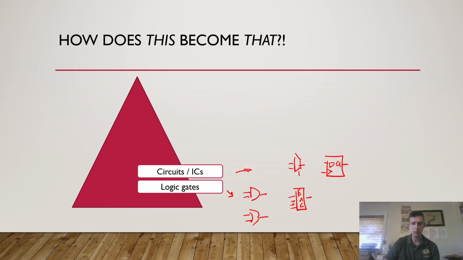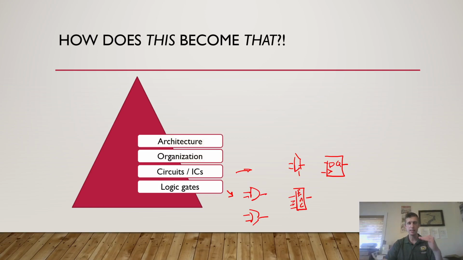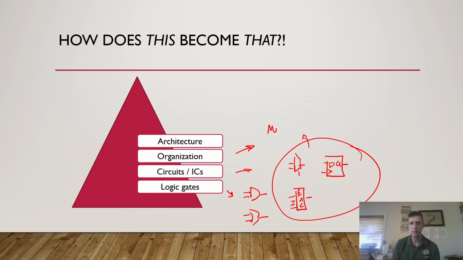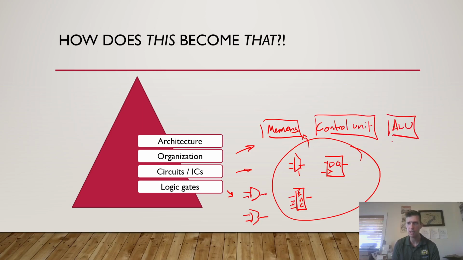So the next 2 levels of the pyramid, which you could consider the bulk of this course, are going to be the organization and the architecture. If I could summarize, the organization is effectively taking these components here, and of course there are some other ones, and combining them to form things like memory, control unit, ALU, arithmetic logic unit, and others.